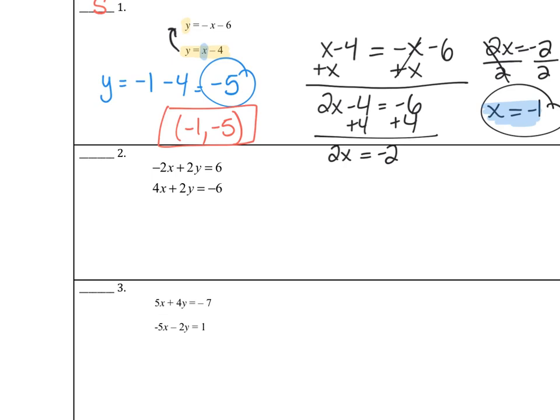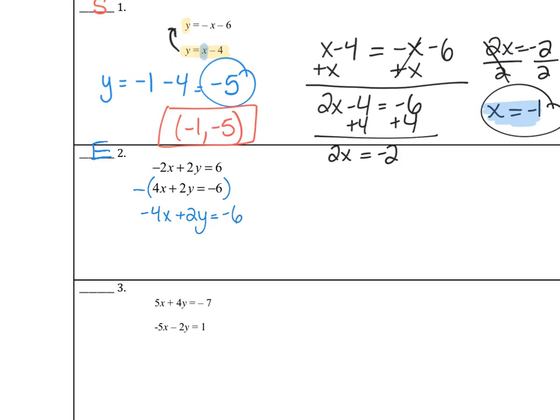So noticing that, I know that I'm going to use the elimination method for this one because I can easily get rid of my y's by doing one simple thing, and that's multiplying everything by a negative in my second equation. When I do so, I get negative 4x plus 2y is equal to negative 6.